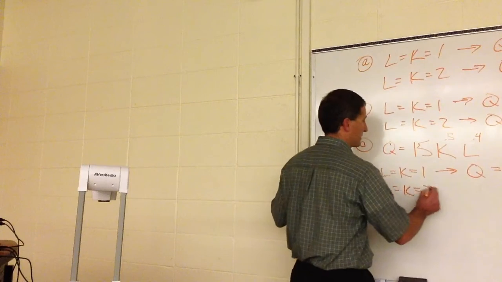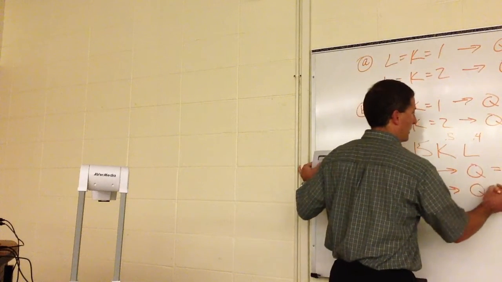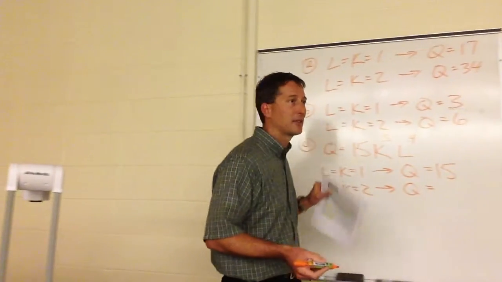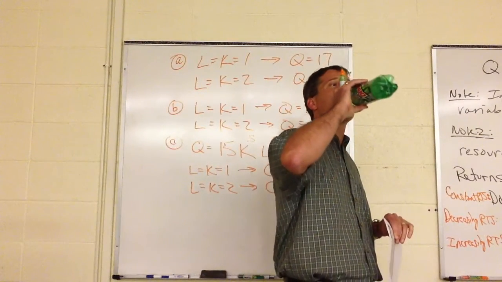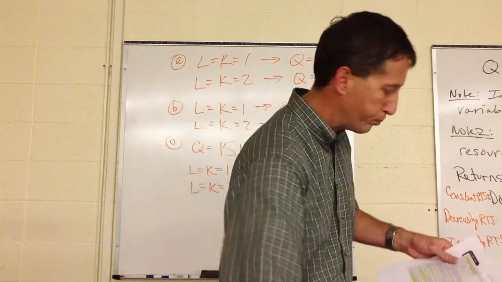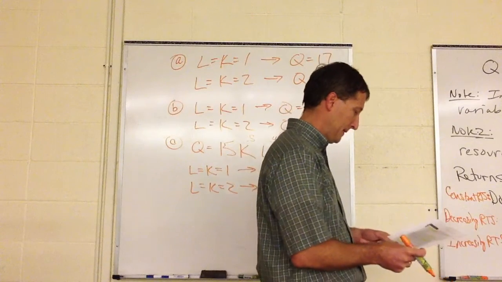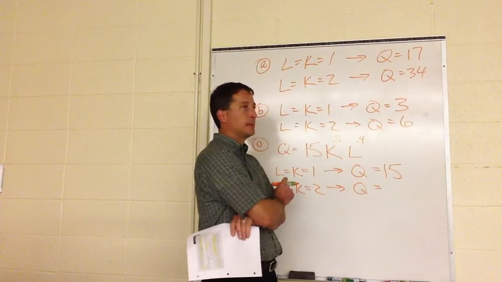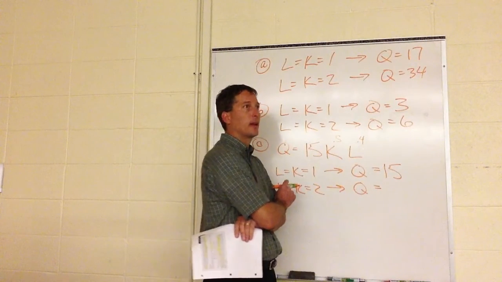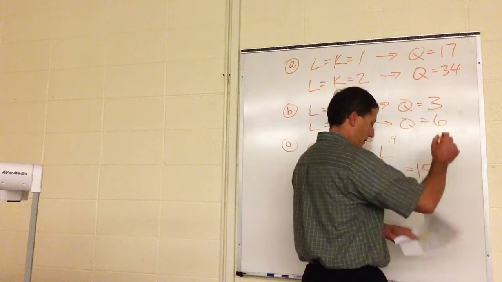L equals K equals 2. If we double everything, quantity equals, now you have to get your calculator going. 28 is pretty close. Yeah, 27.